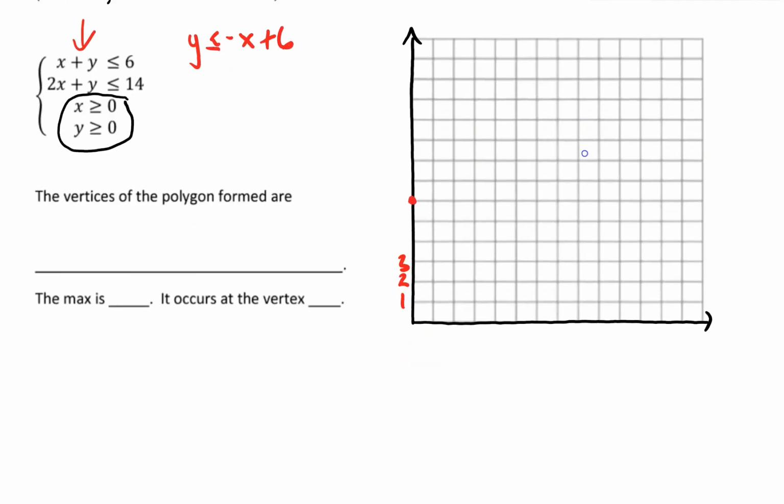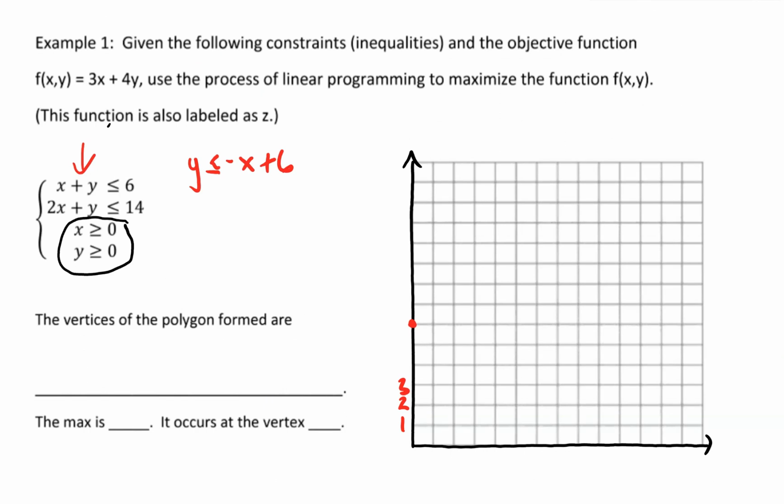Right now the symbol says less than, so it's going to be below the line. When you graph them, a lot of times because they're in standard form, if you just put 0 in for one variable, you'll figure out what the other one is. So if I put in 0 for x, then y would be 6. Now I'm going to put in 0 for y.